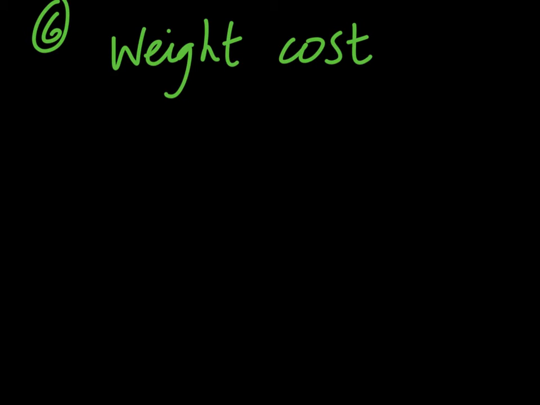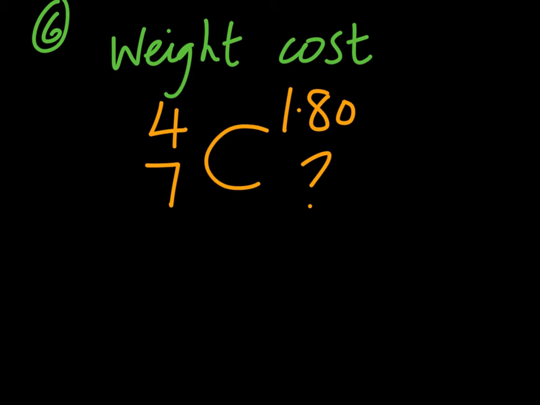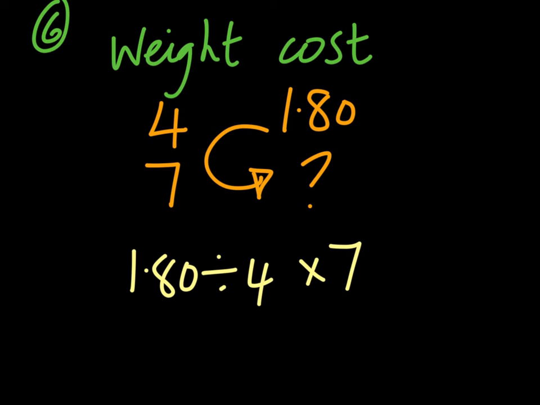Question 6, we know from the question that 4 kilograms of sugar cost £1.80. We want to know what 7 kilograms cost. So we're going to do this little circle thing, which gives us £1.80 divided by 4 times 7. Remember and show your working.